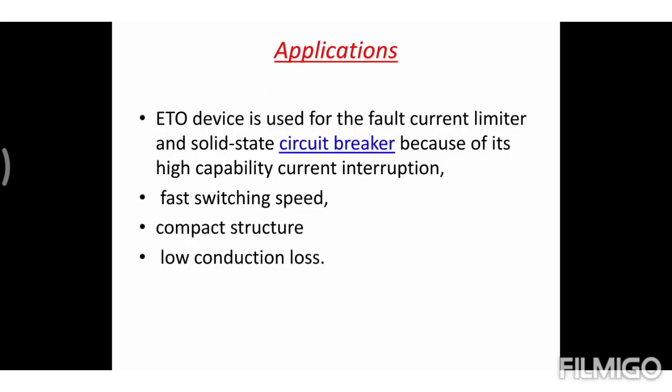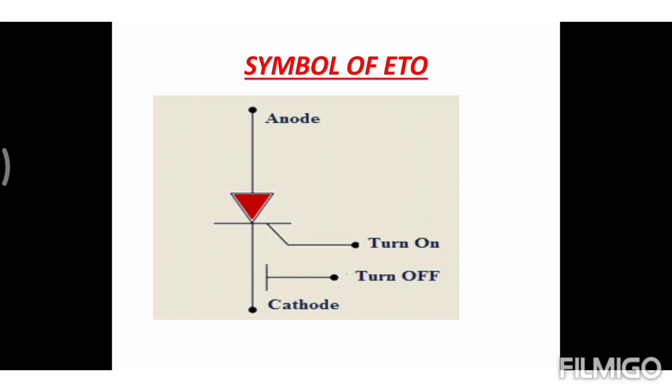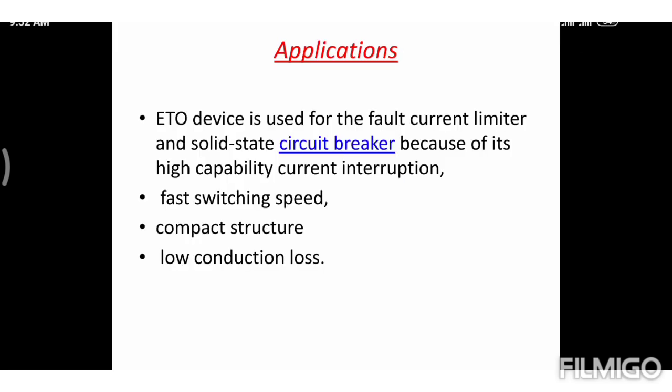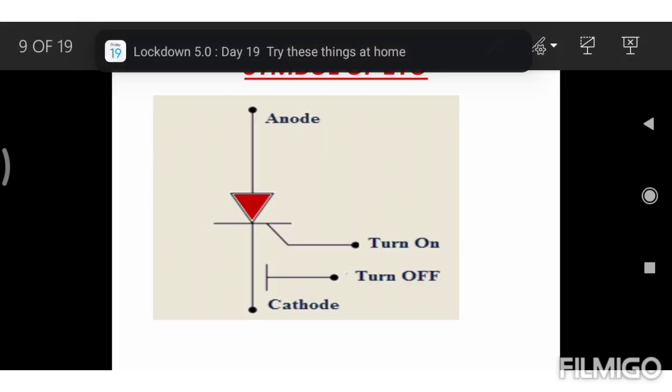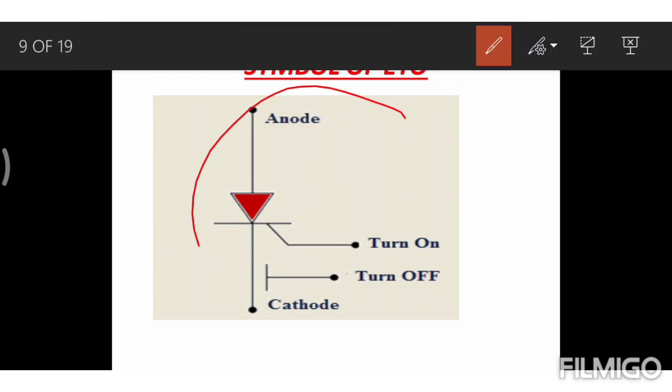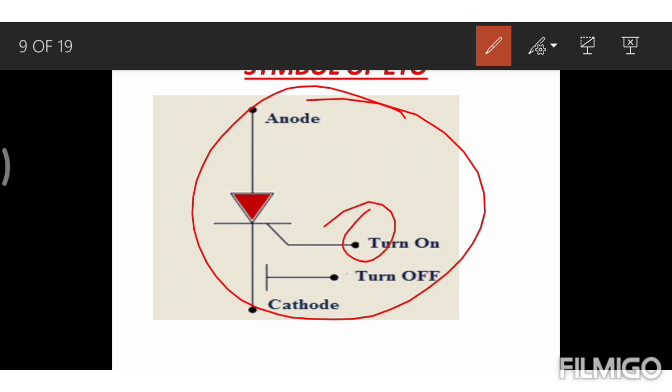See here, this is the electrical representation of the ETO. It contains 2 gates. One is used for turn on and second one is used for turn off.